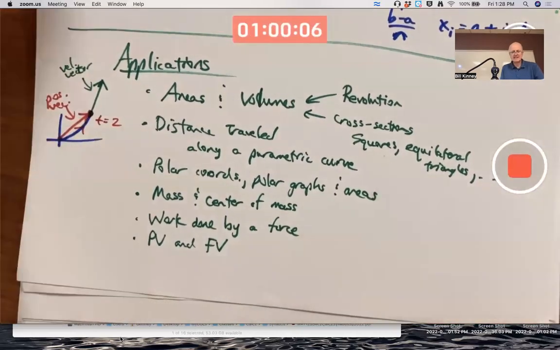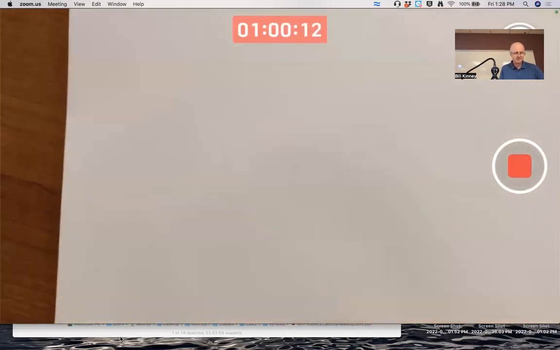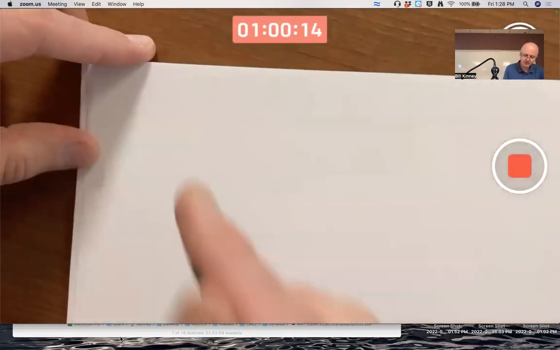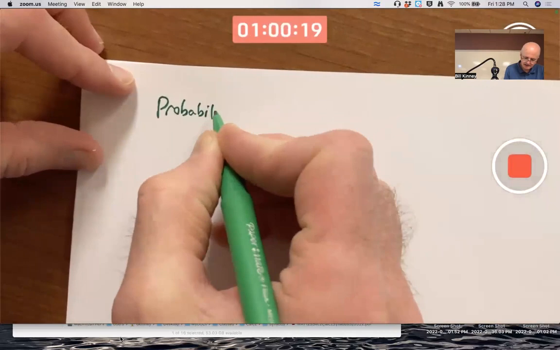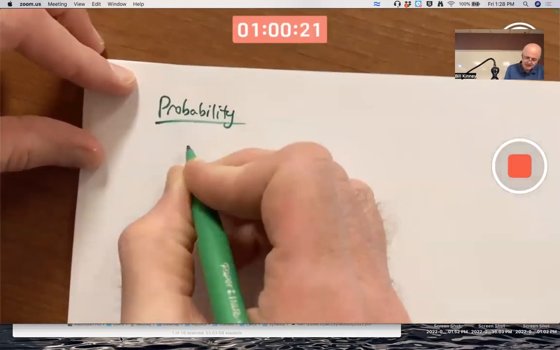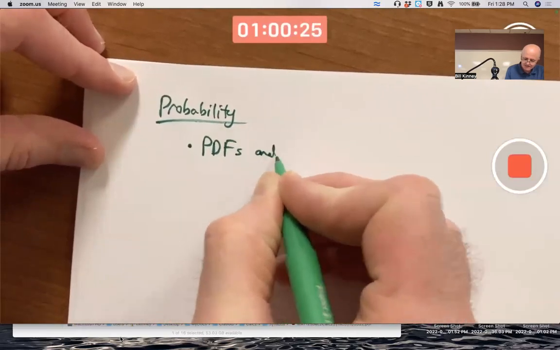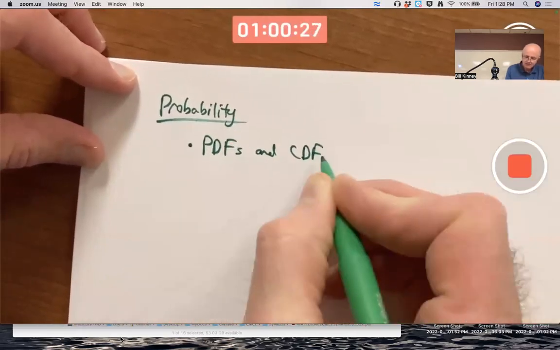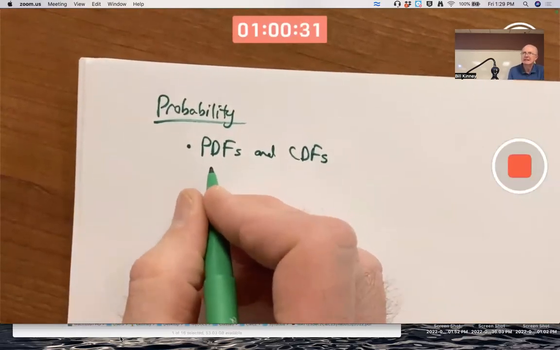Actually, before the physics stuff, we also talked about probability, which I did test you on. We talked about PDFs and CDFs. PDF stands for probability density function.